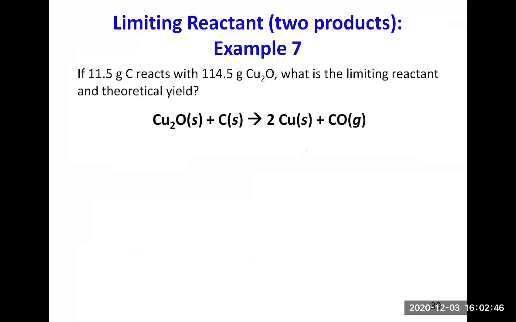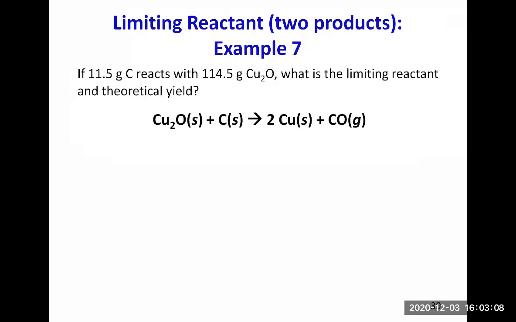So same question as earlier. We are given the chemical equation here, and it's balanced. So it's Cu2O solid plus carbon solid will make 2 copper solid and CO, the carbon monoxide gas.